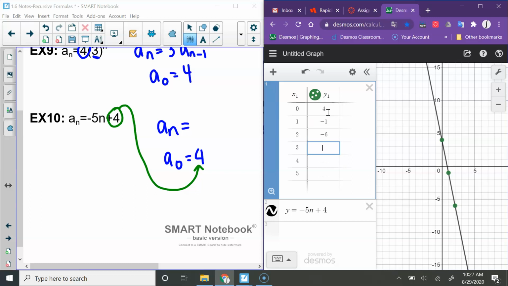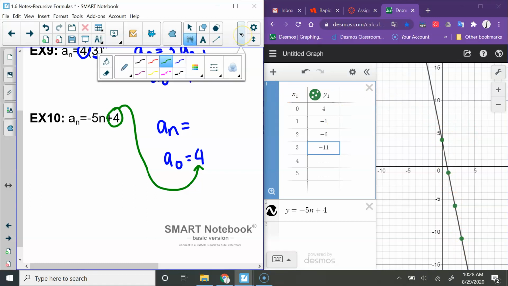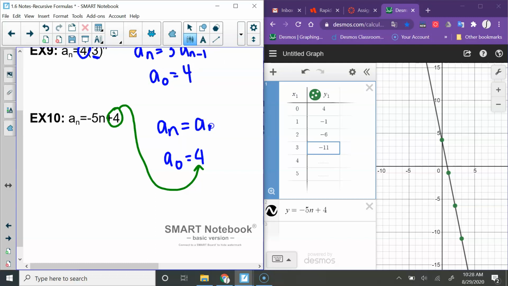And then negative 6 minus 5 would give us negative 11. And you can see these are all lining up on our graph right here. So our rule is that we're subtracting 5 each time we go to the next term. So it would be a sub n minus 1 minus 5. So whatever the slope of that graph is right there, that is your common difference. That's the number you're adding or subtracting to your equation.